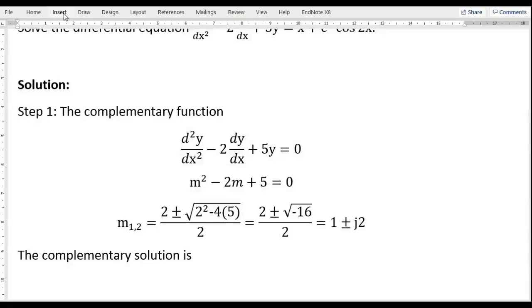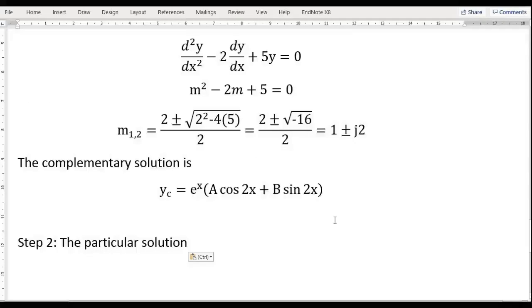Therefore, the complementary solution is yc equals e^x times cosine 2x plus sine 2x, with constants. For the particular solution, we need to refer to the function f(x).